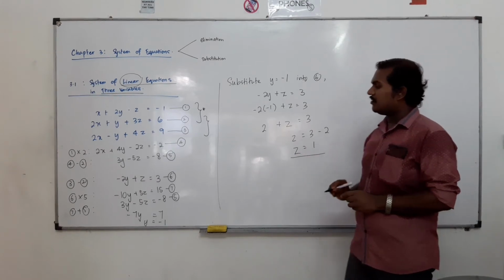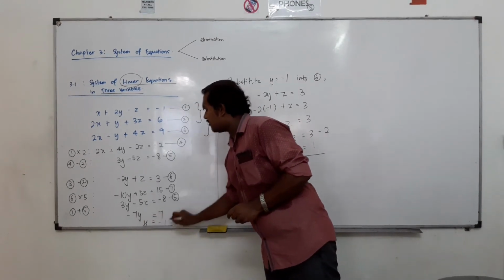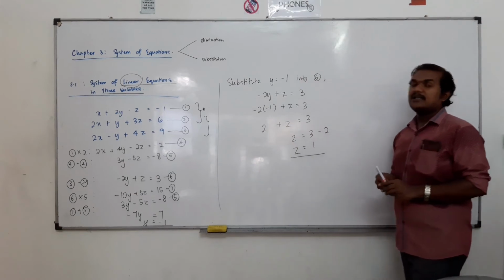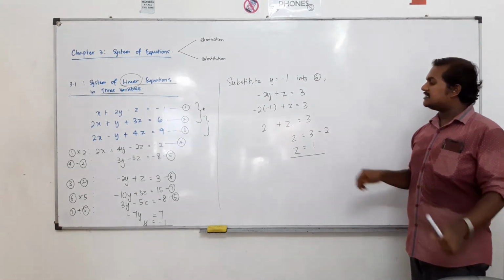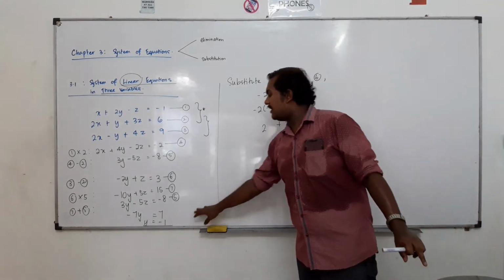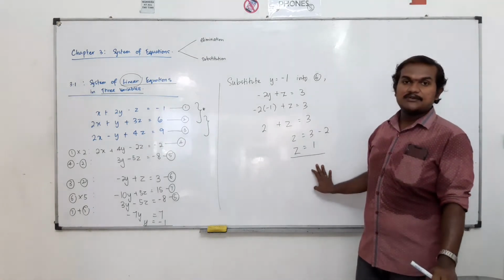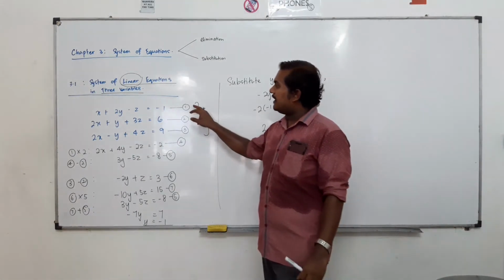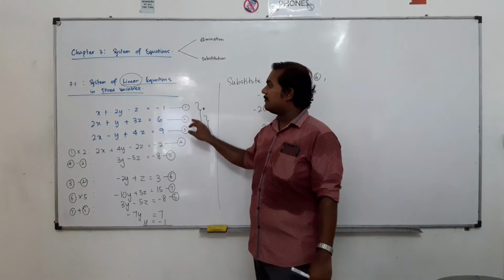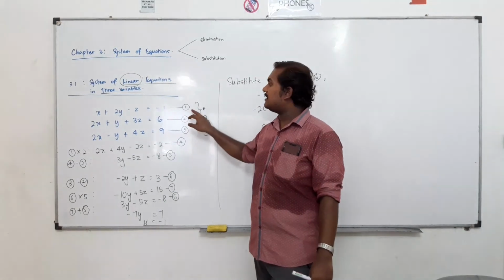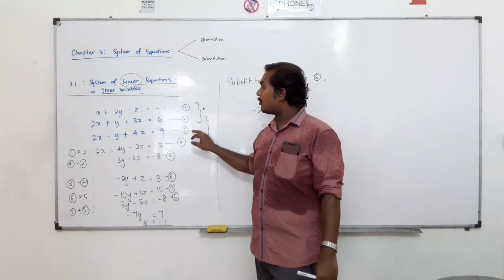We have already found y and z. Now we need to find x only. Since we already have the values of y and z, we can substitute both values into any of the previous equations, either equation 1, 2 or 3.